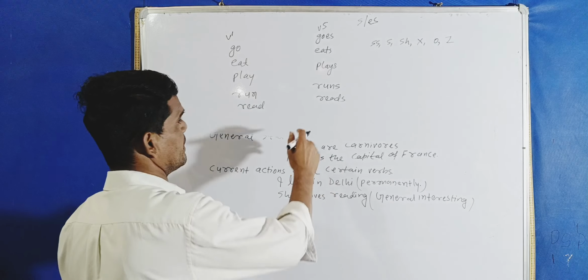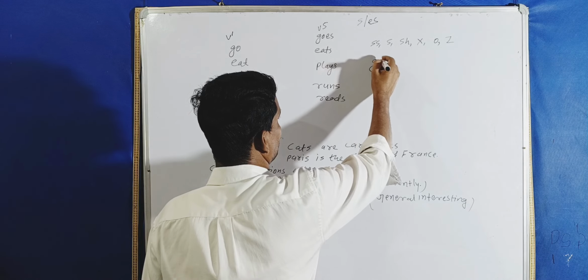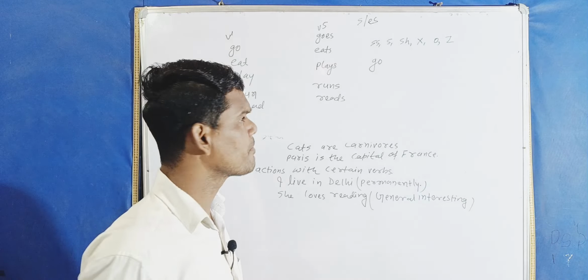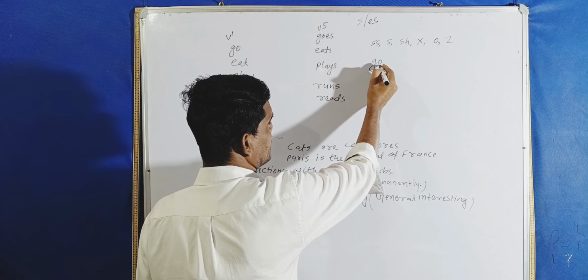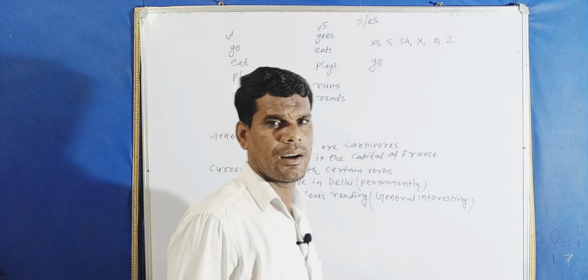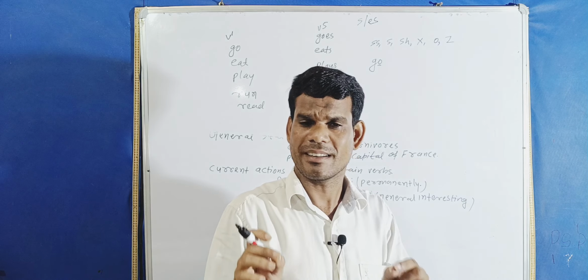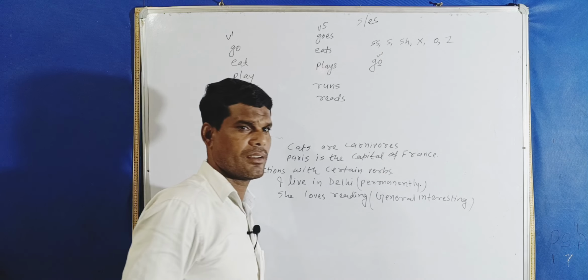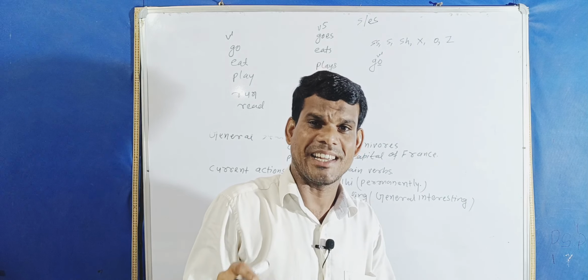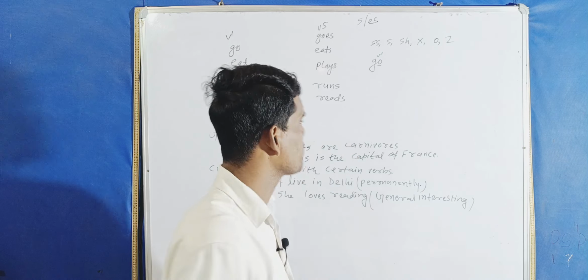For example, go. Go is verb 1, and at the end of this word o comes. We have to make it verb 5.